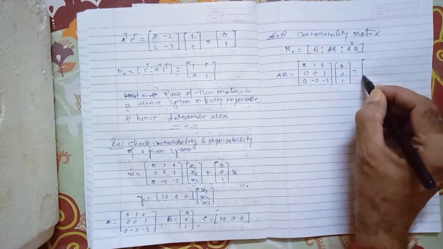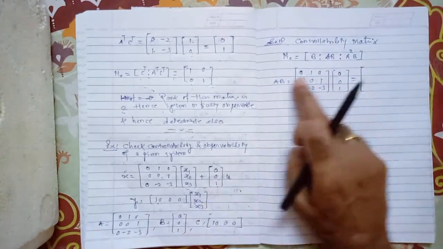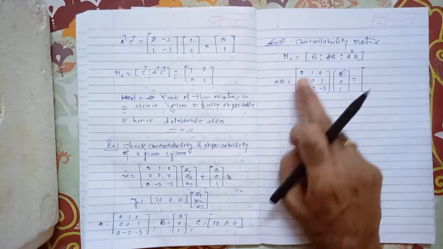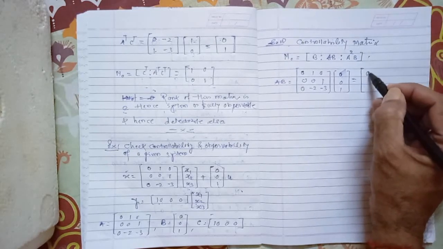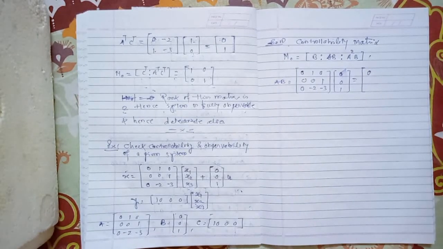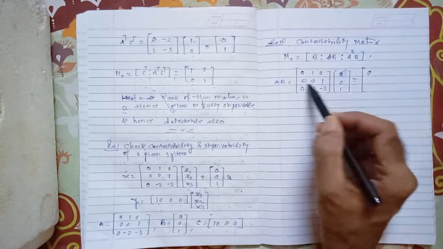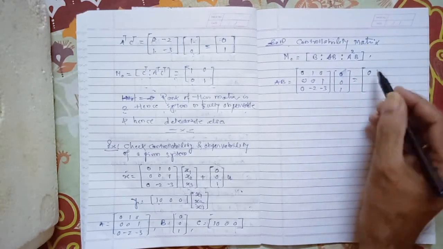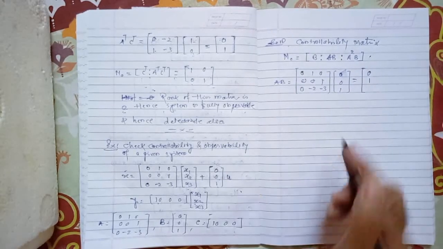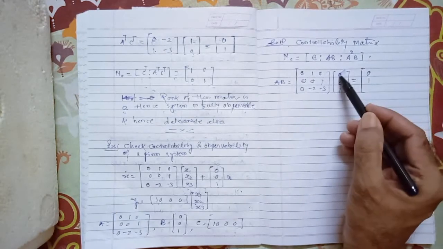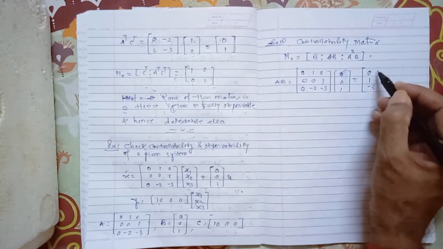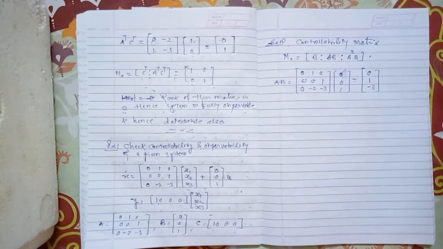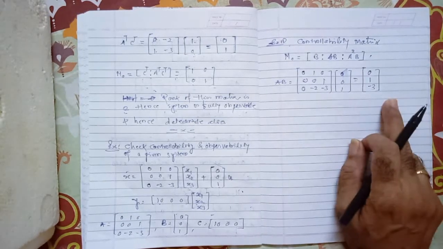First row: 0 into 0, 1 into 0, 0 into 1, so the first is 0. Second row: 0 into 0, 0 into 0, 1 into 1, so we have 1 here. Third row: 0 into 0, -2 into 0, -3 into 1, that is -3. So this is my AB.